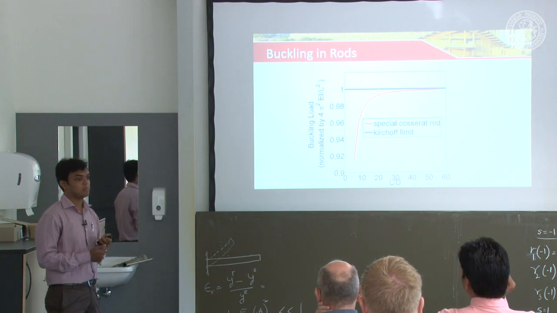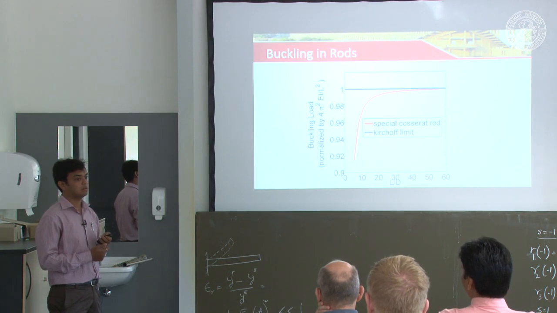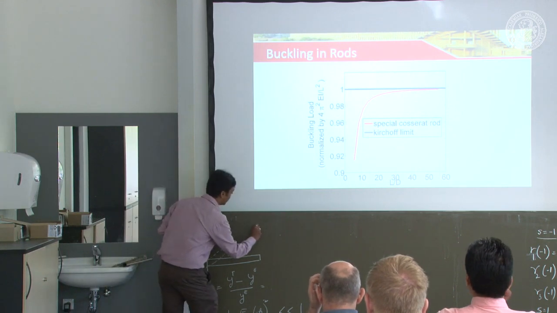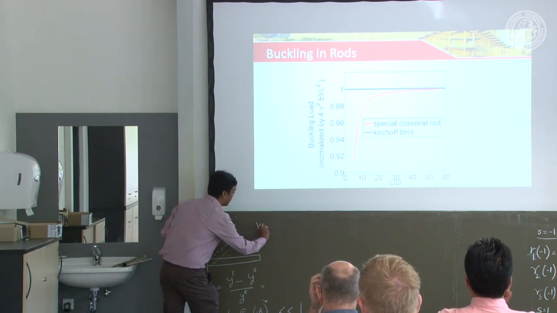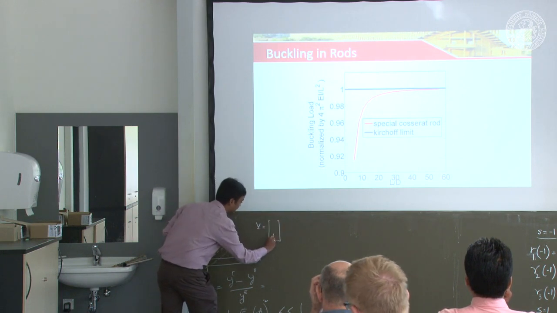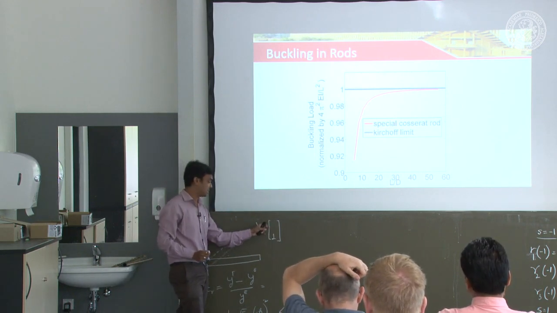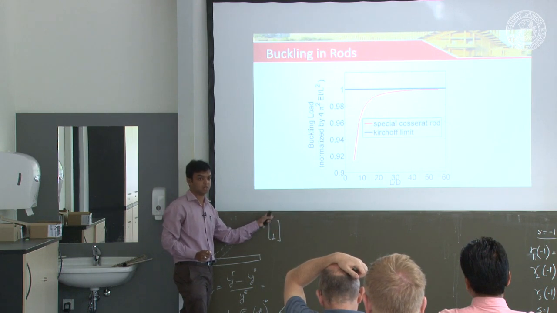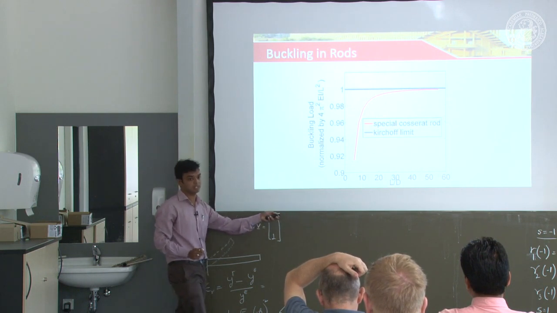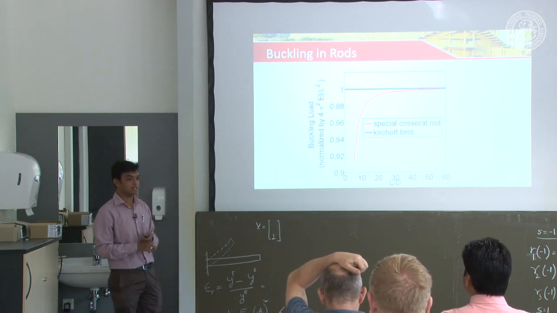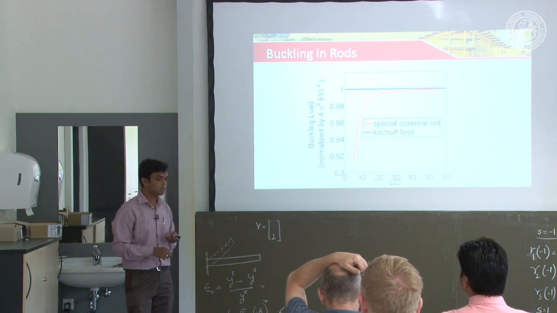In terms of the strains, V3 equal to 1 means inextensibility, and unshearability means V1 and V2 are 0. These come from the constitutive law, the constraint which we need to apply.